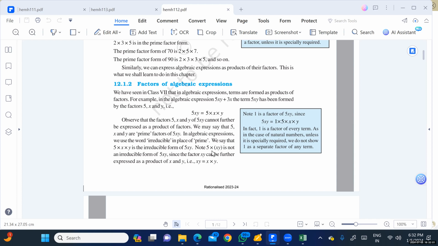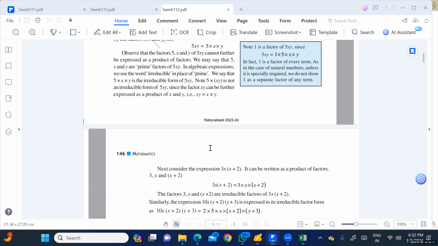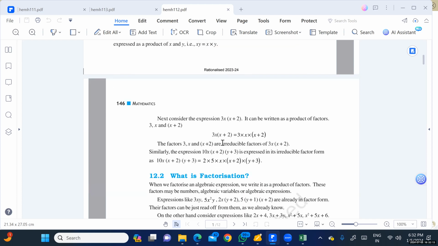Note, in 5xy, 5 is not an irreducible form of 5y. So the factor xy can be further expressed as a product of x and y. Now, let's consider this: 3x bracket x plus 2. It can be written as a product of factors 3x and x plus 2, because it's a multiplication.